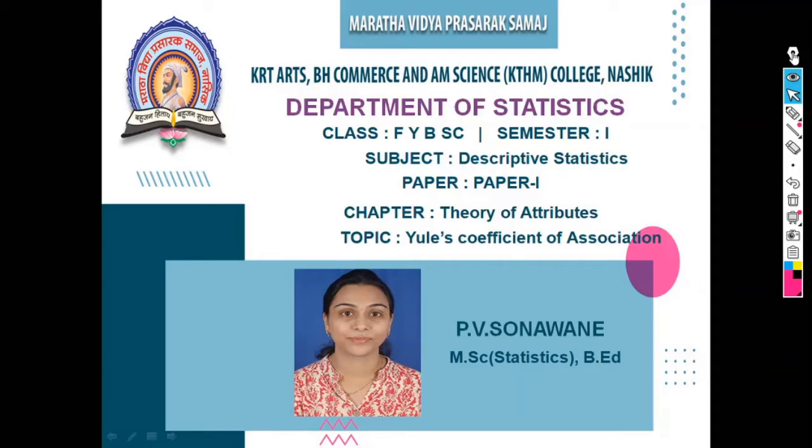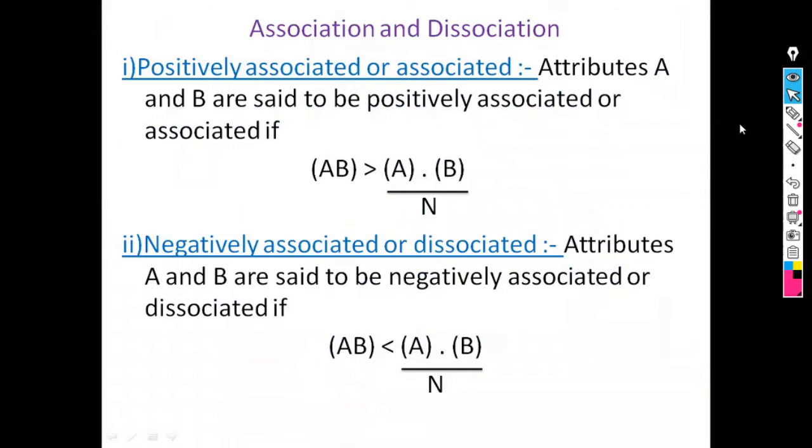Hello everyone, this is our next lecture on the chapter Theory of Attributes, and today's topic is Yule's coefficient of association. In the last lecture we saw what is meant by association and dissociation. Two attributes A and B are said to be positively associated if AB is greater than A into B by n, and negatively associated or dissociated if AB is less than A into B by n.